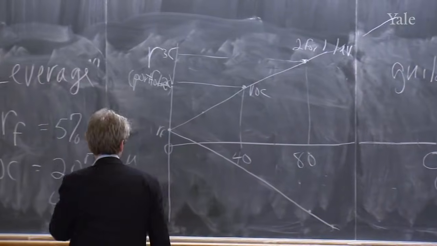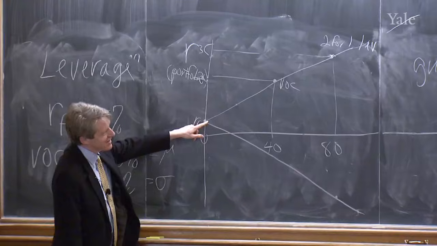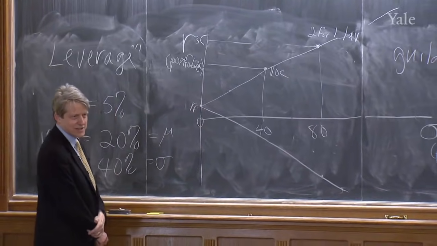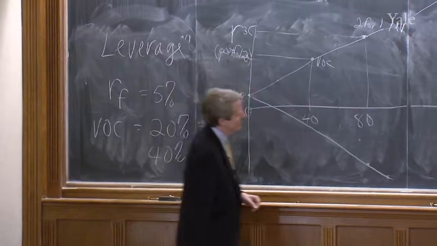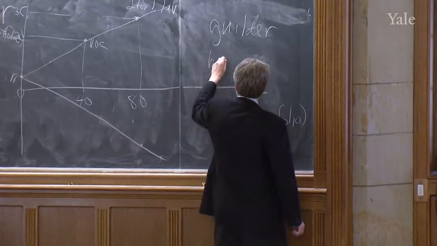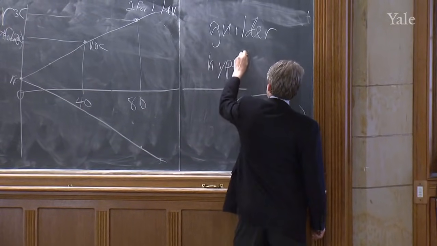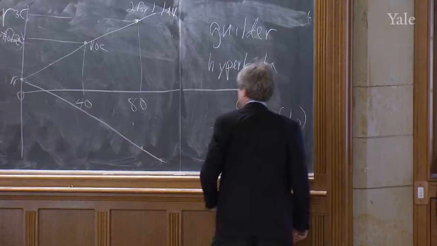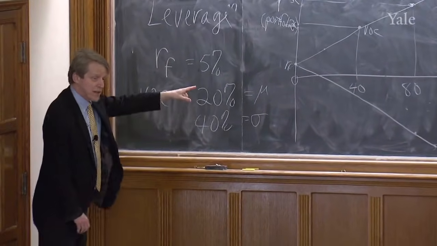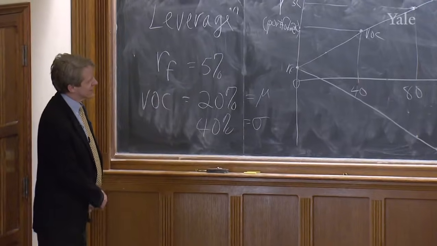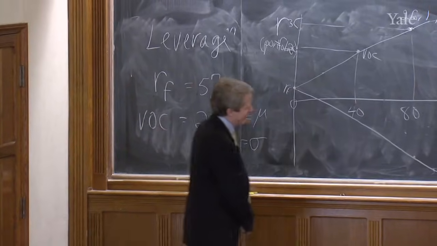This is a very simple story. By the way, this broken straight line is what we call a degenerate case of a hyperbola. You know, remember in math, a hyperbola is a certain mathematical curve. And we're seeing a hyperbola here, but I'm going to show you other hyperbolas in a minute.